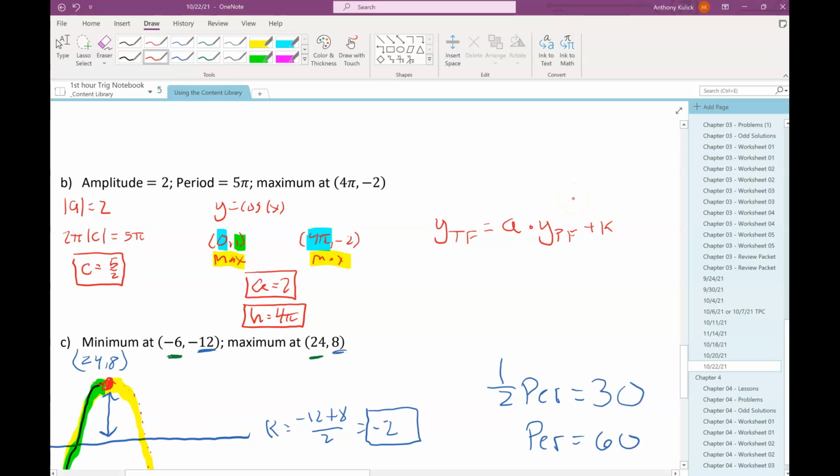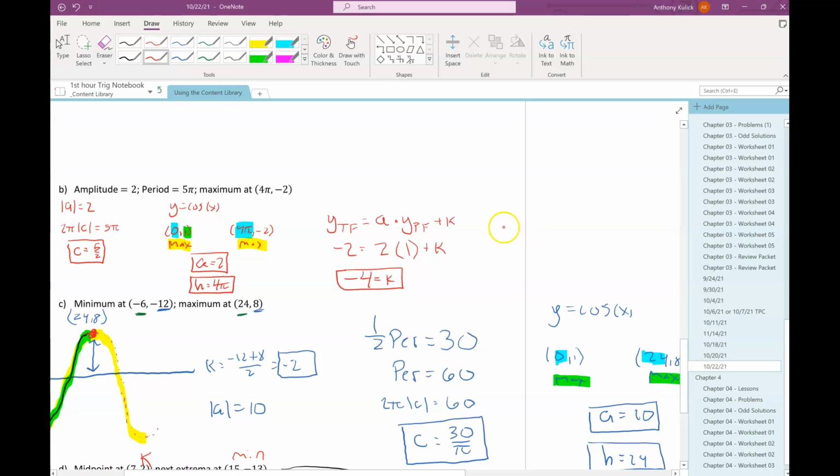This is what we do when we graph. You take your point from the parent function, take its y-coordinate, multiply it by a and add k to get your new y-coordinate. So I know then that -2, the y for my transform point, is equal to my a, which is 2, times the y from my parent function, which is 1, plus k. And now I can solve this equation for k. So 2 times 1 is 2, and I subtract 2 from both sides, I get -4 for k. And that's everything I need.